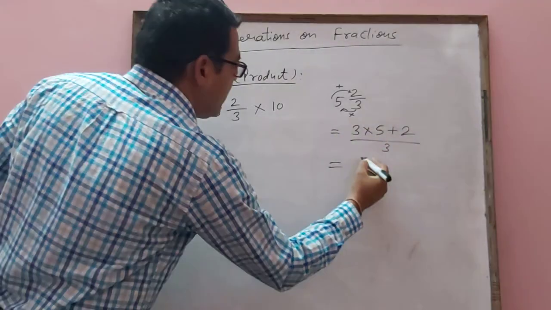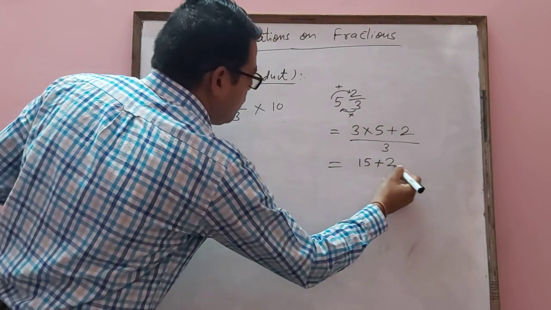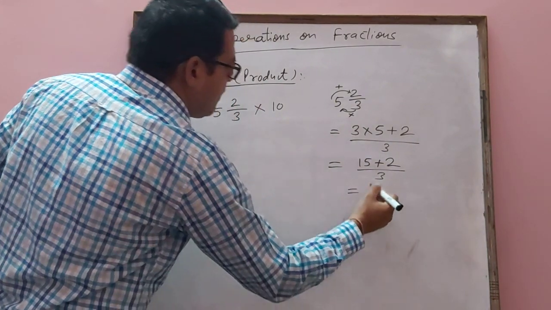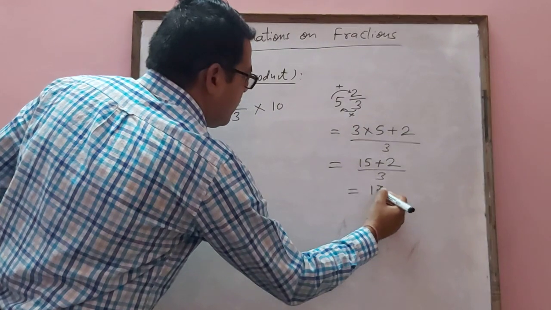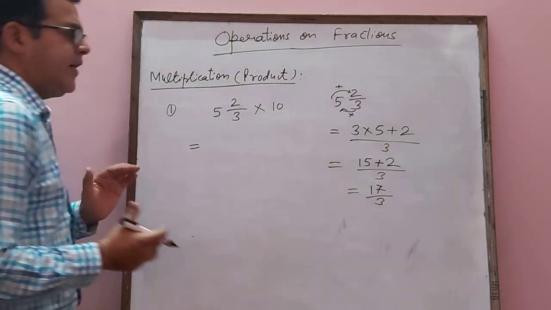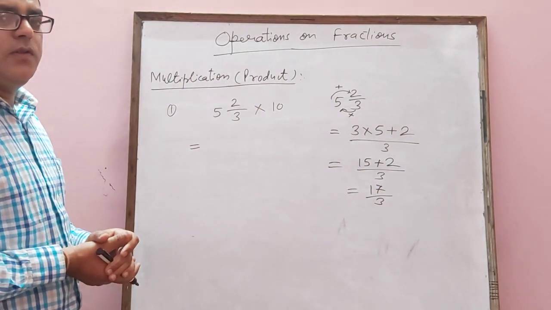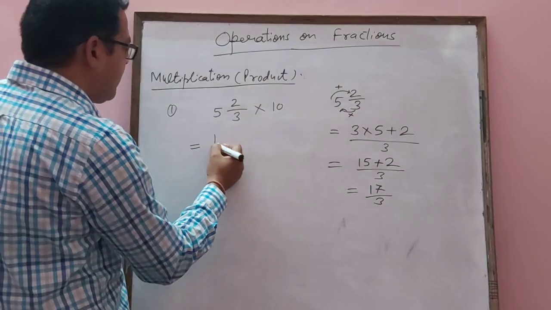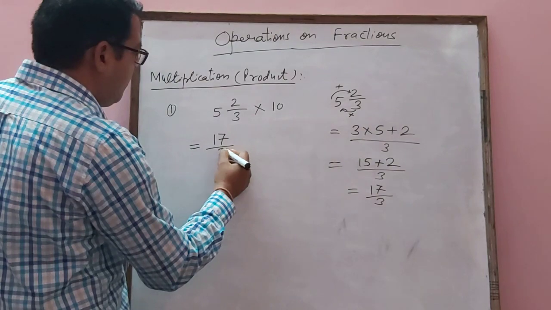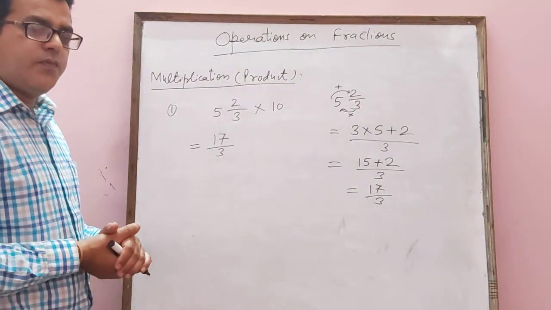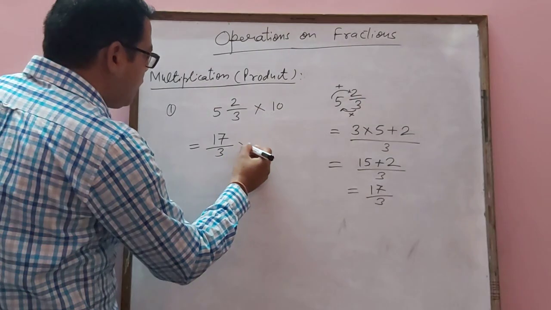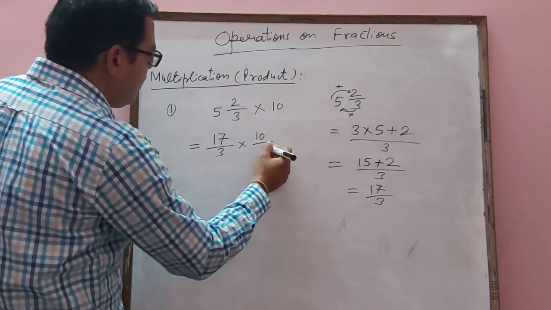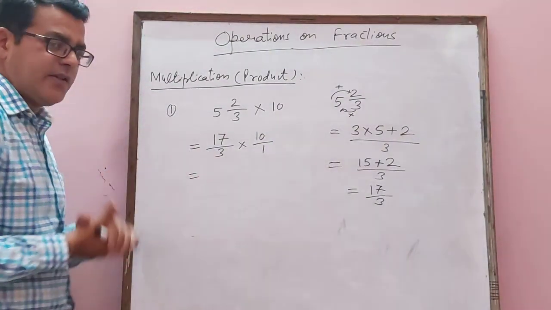So 3 5s are 15 plus 2, 17 by 3 we can write. So instead of 5 whole 2 by 3, we can write 17 by 3. Got it? Then into 10 is there, we can put 1 under it to make it a fraction.